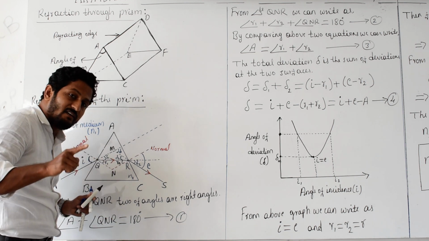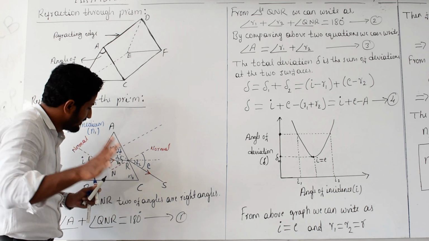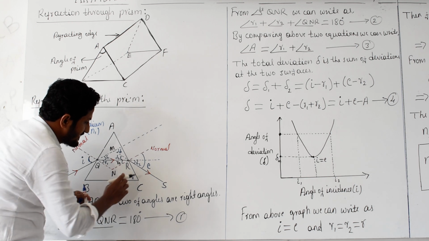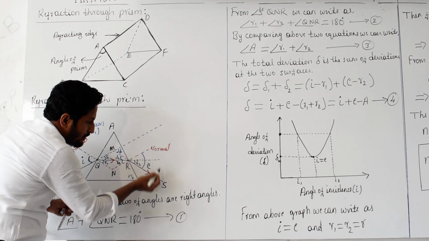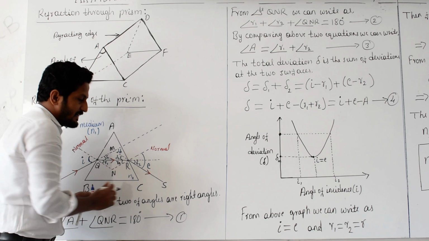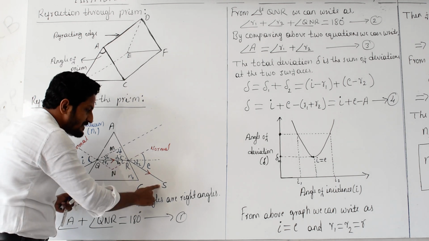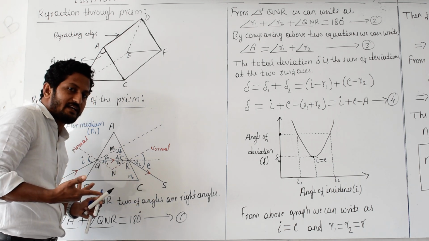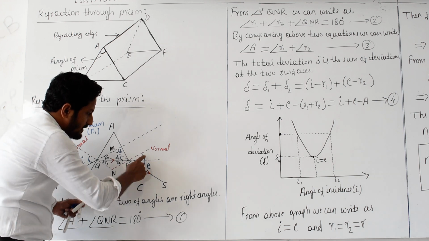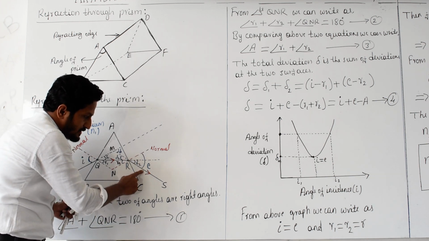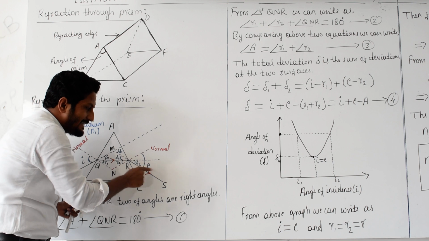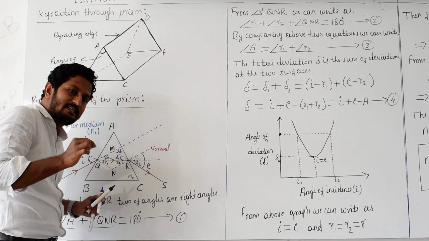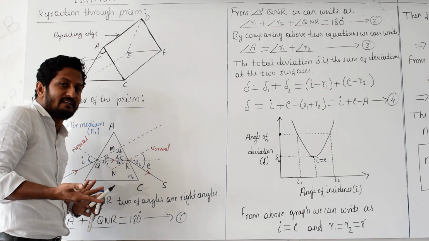Now this is the normal and this is the emergent light ray. RS is the refracted light ray. The angle from the red line to this one, which I named E, is nothing but the emergent angle.